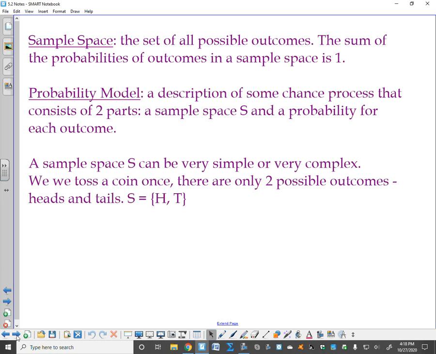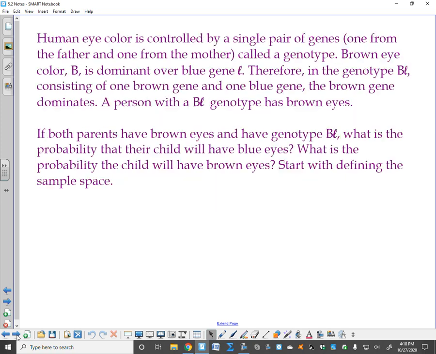A sample space S can be very simple, the 2 examples I gave you, or very complex. If we toss a coin once, there are only 2 possible outcomes, heads or tails. All right, let's look at this one. Human eye color is controlled by a single pair of genes, one from the father and one from the mother, called a genotype.